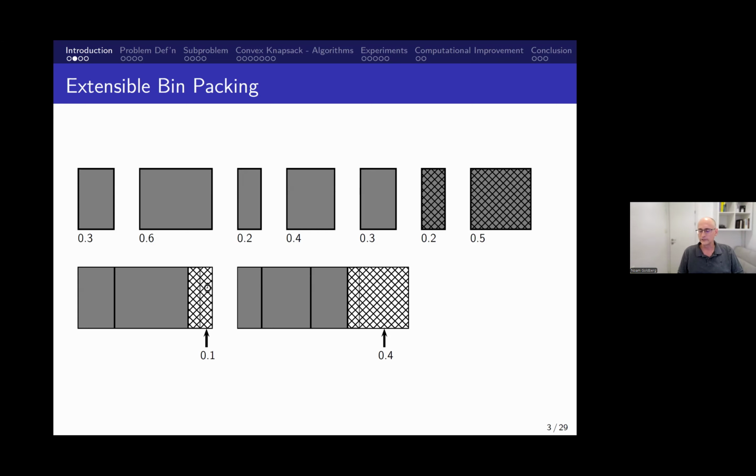And then we may have a solution like this where we're only using 2 bins, and this would have a cost of 2 for the 2 bins, and then 0.1 C1 being the overfilling cost for the first bin, and 0.4 C2 the cost for the second bin. Okay, so depending on the overfilling cost, this may be optimal, right? But if our overfilling cost is very high, we may arrive at the special case of the classical bin packing.